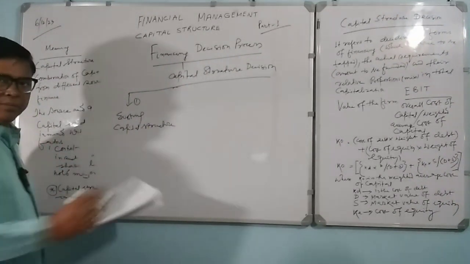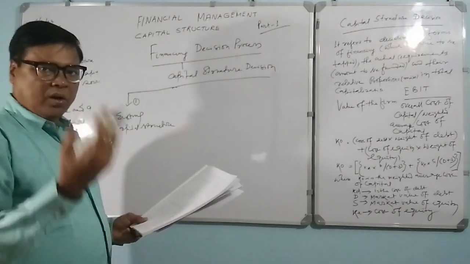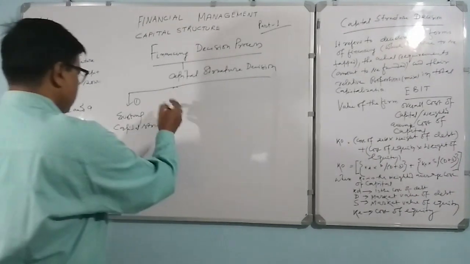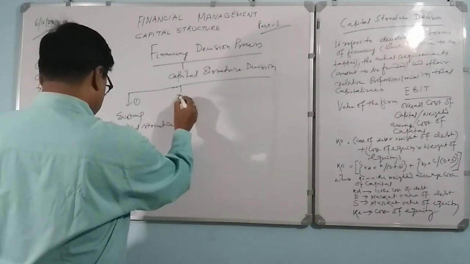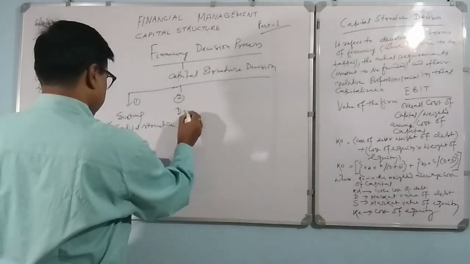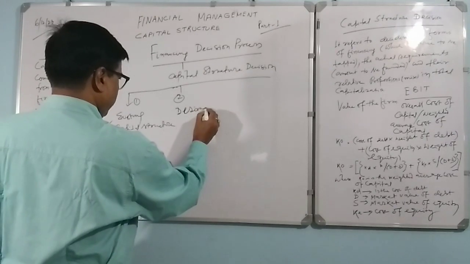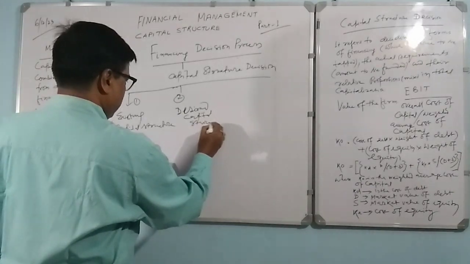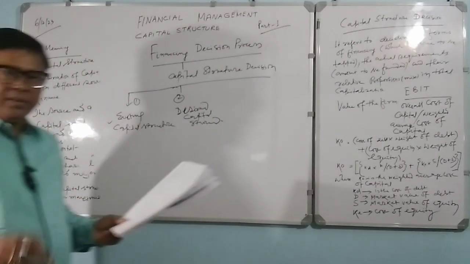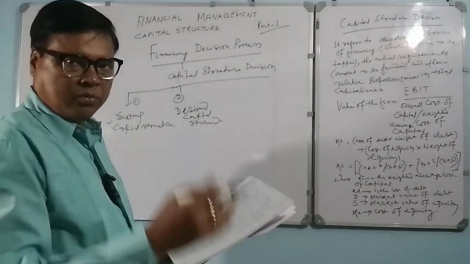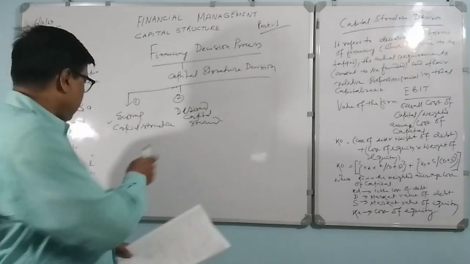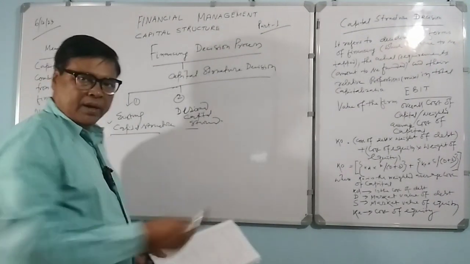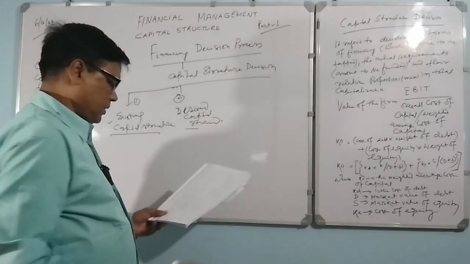Existing capital structure means what level is there at present, what your equity share capital is, what your loan fund is, what your retained earnings are. So that is your existing capital structure. Number two, desired capital structure. As discussed in the earlier stages, funds are required for expansion, modernization, diversification, all these things. At that time your existing capital structure may not be sufficient. In such situations, you require a new model of capital structure, that is your desired capital structure.